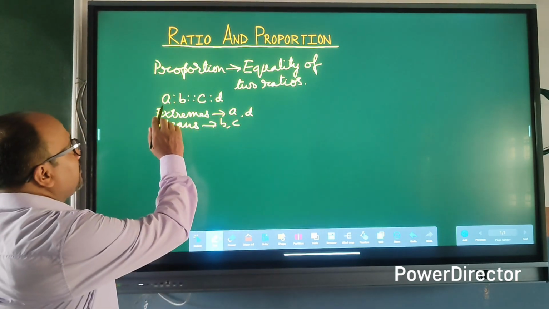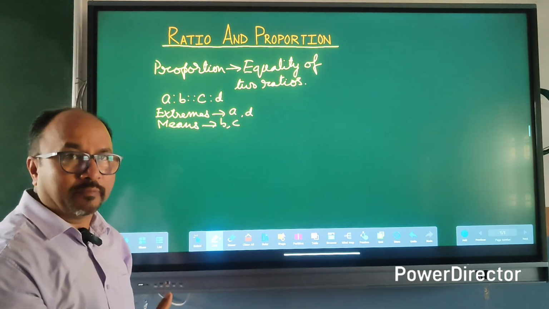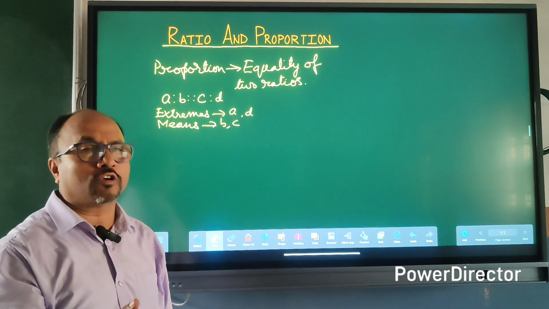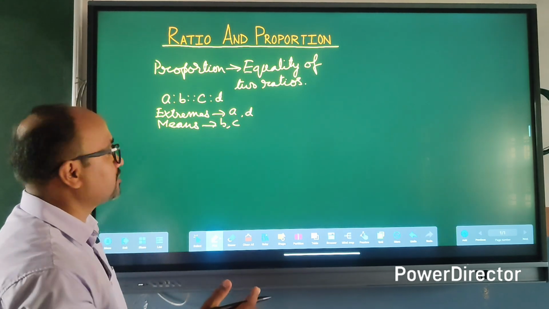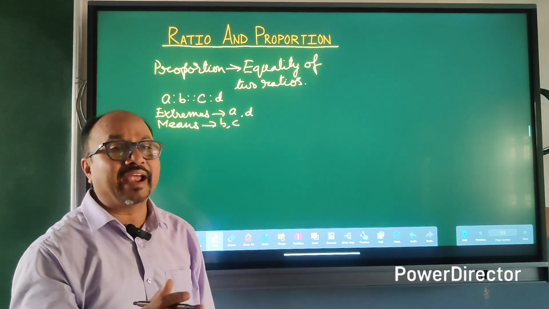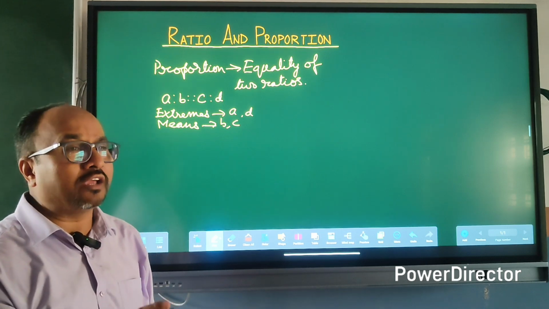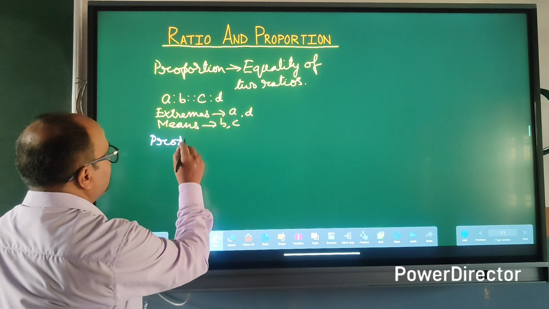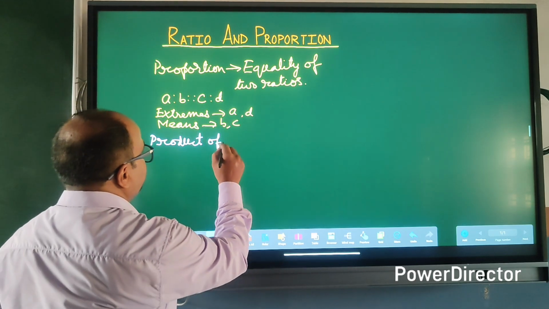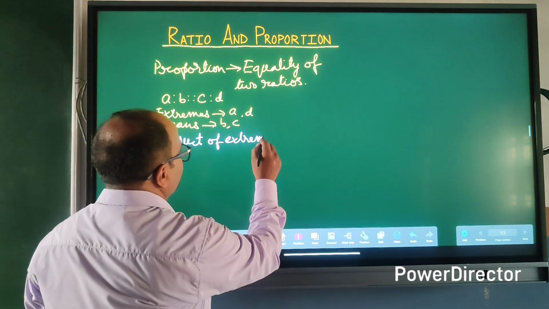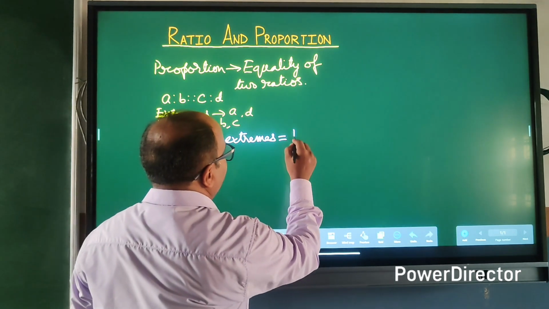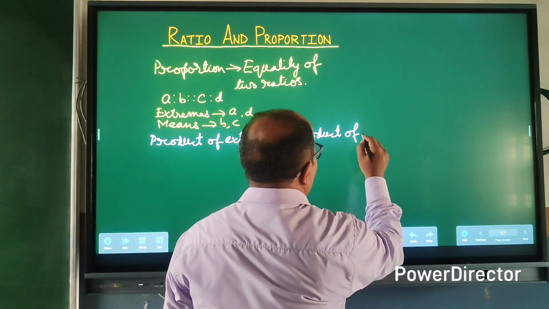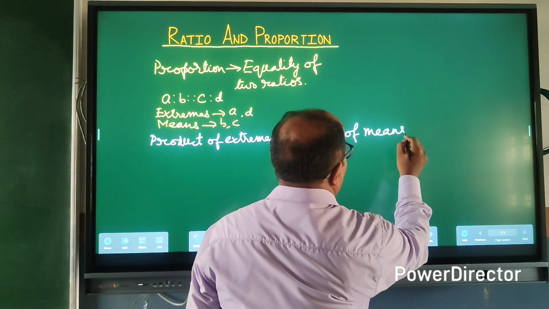You know that A is to B can be written as A by B and C is to D can be written as C by D. Now if you cross multiply, you will get a result that A into D equals B into C. So we call this the product of extremes will be equal to the product of means.